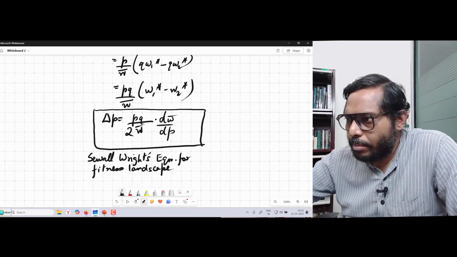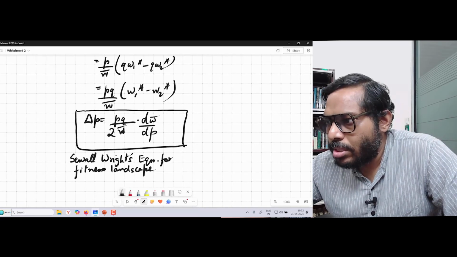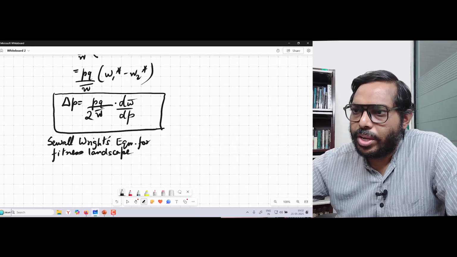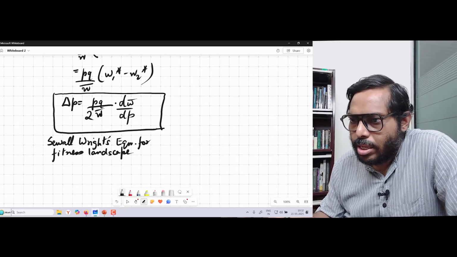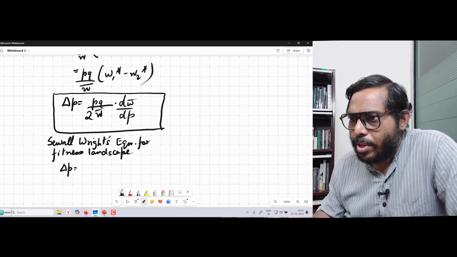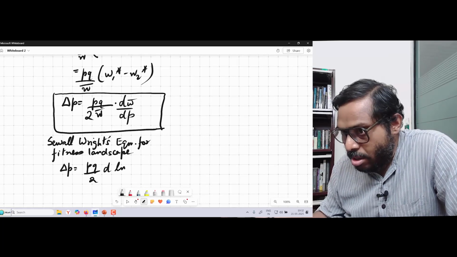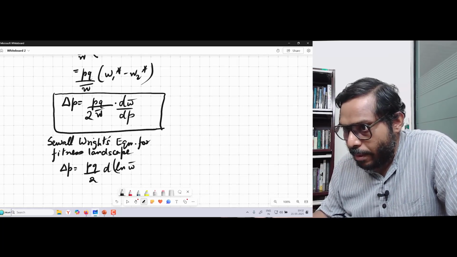Okay. Sometimes people take it one step forward, and what they do is, let me do it over here. They write this as delta P is equal to PQ by 2 into d of ln, where ln is the natural logarithm, ln W bar dP.